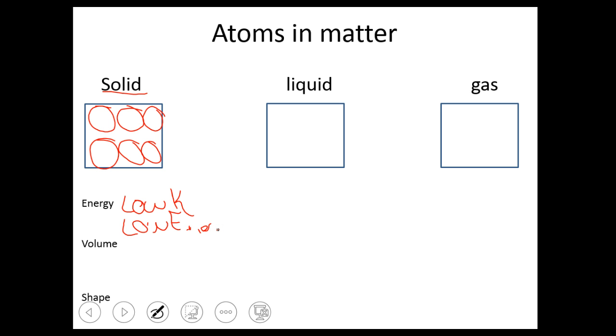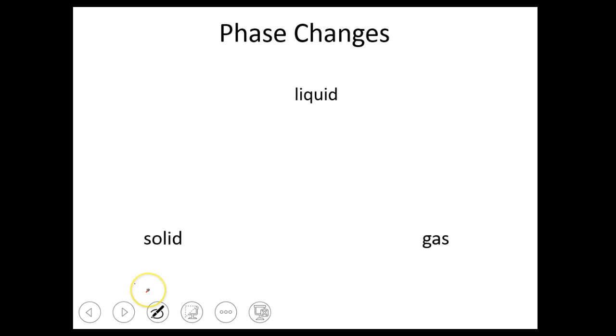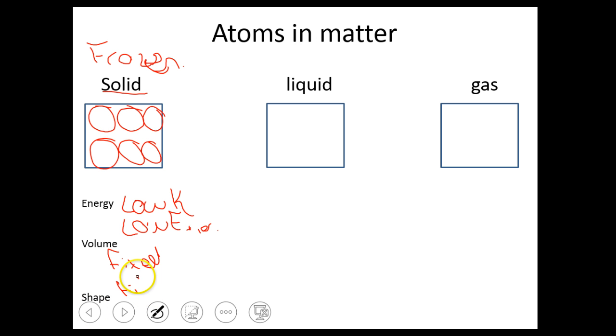Right? They're just kind of hanging out there. We tend to call solids frozen states of matter. And so while you might not think of your desk as being frozen, it technically is. These things have a fixed volume and a fixed shape.